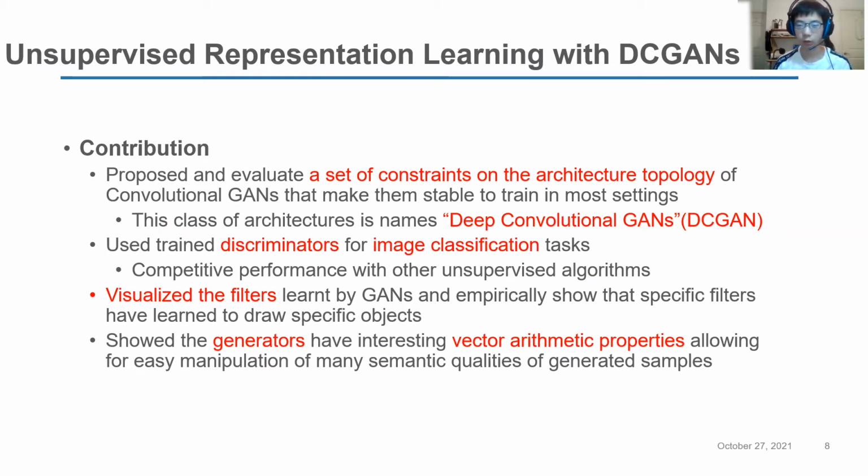Third, they visualize the filters learned by GANs and empirically show that specific filters have learned to draw specific objects. Fourth, they show the generators have interesting vector arithmetic properties. By addition and subtraction of the vectors, they can easily manipulate many semantic qualities of generated images.